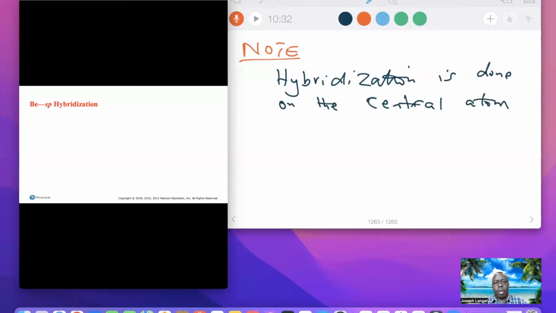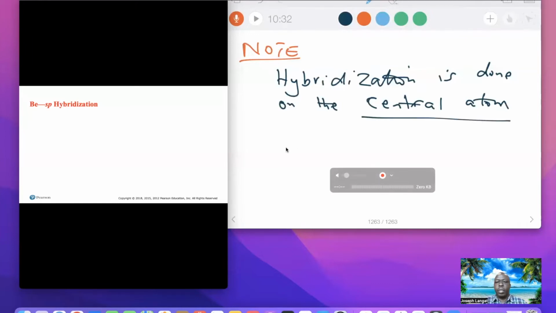Recall the central atom from the Lewis structure of molecules or polyatomic ions. So when you see this BeF2, it stands for beryllium being the central atom. And in all other hybridization, we will hybridize the central atom, and you should be able to recognize the central atom in a molecule.